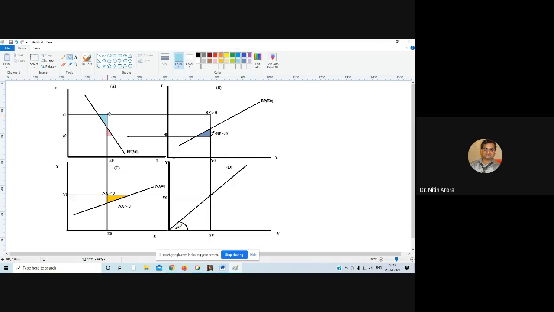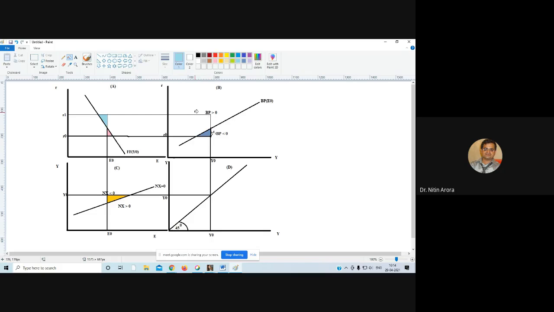Now this surplus is sufficient to counter the deficit which we were bearing in the current account. So now this surplus is sufficient to overcome that deficit in current account.